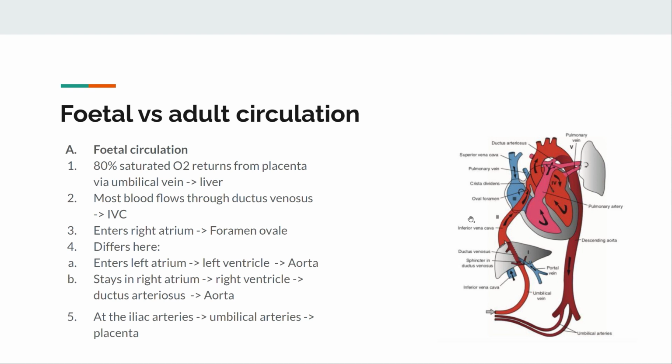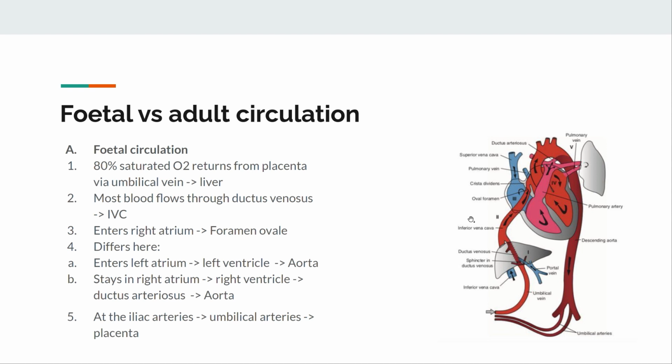And so you can follow along with me as I explain where the blood goes. So we're going to start with the arrow on the left-hand side of the diagram at the umbilical vein. It's pretty much 80% saturated oxygen returns from the placenta via the umbilical vein, and it heads straight for the liver. Now, most of this blood actually bypasses the liver and goes straight into the inferior vena cava via the ductus venosus.